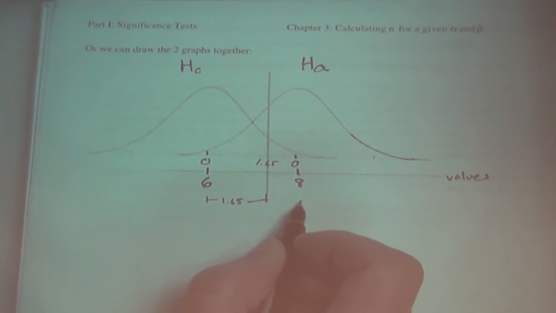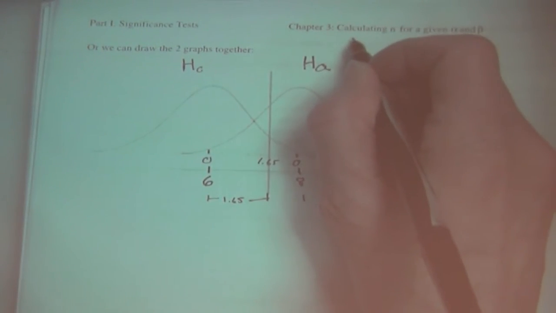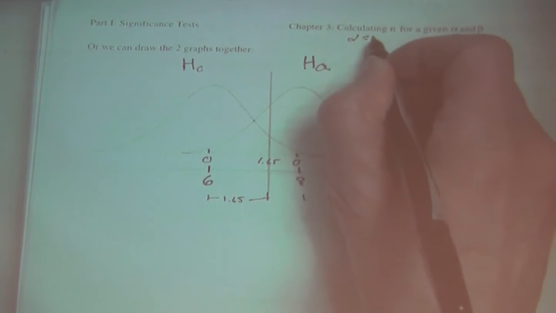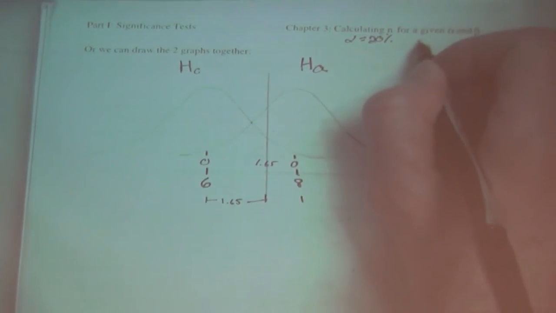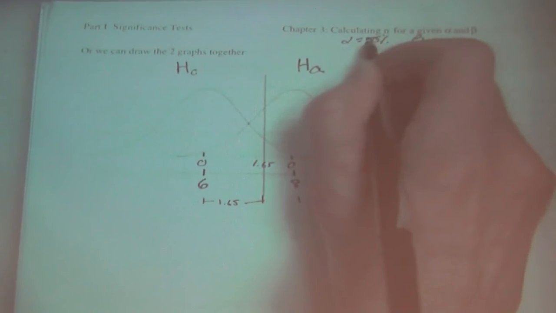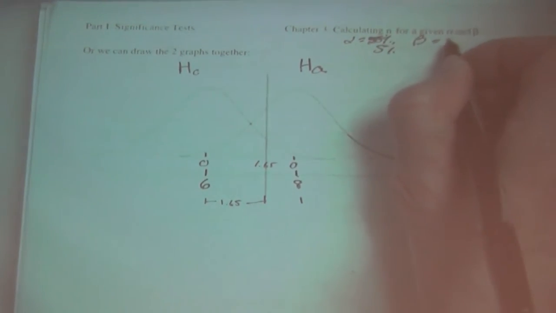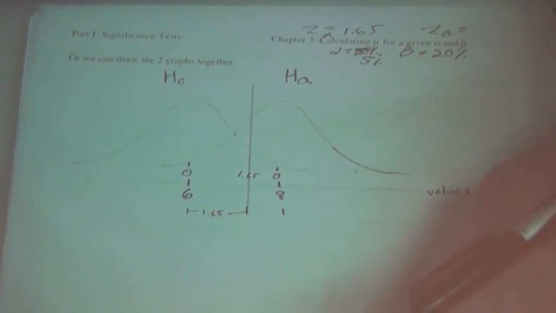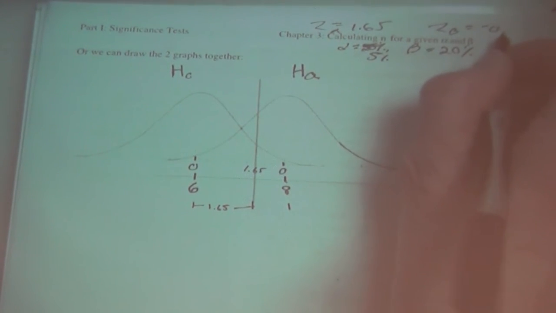This is when we're setting alpha equal to 5%, and beta equal to 20%. So this was 1.65, that was Z alpha, and the Z beta that corresponds to that is what? We said it was negative 0.85.